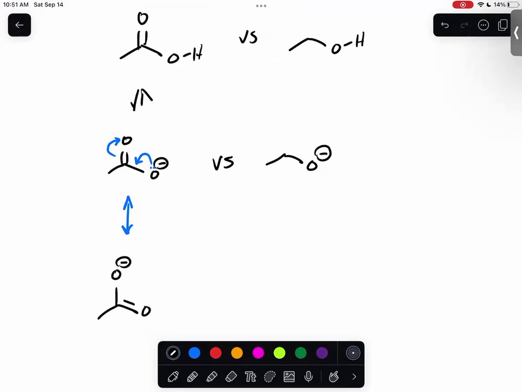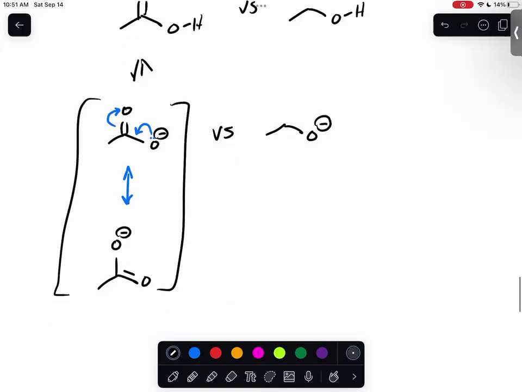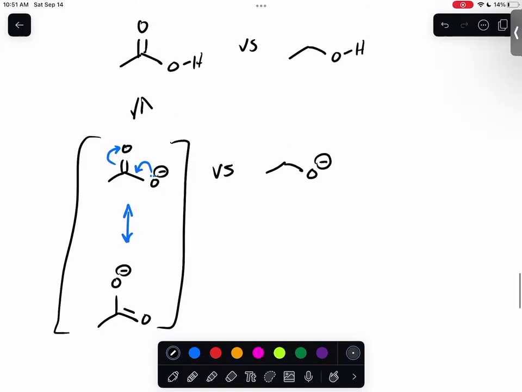And so for these resonance forms, essentially what we're seeing is rather than a negative charge being completely focused on a single oxygen, it's actually being shared across two oxygens. So in reality, rather than each oxygen having a negative charge, they each have a minus one half charge.